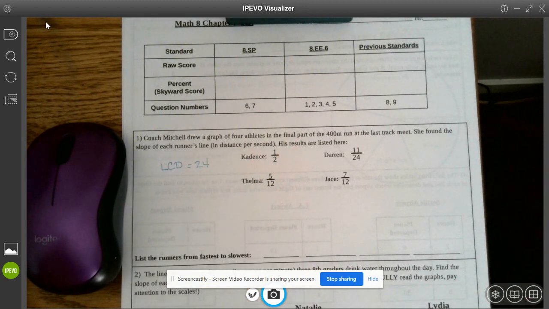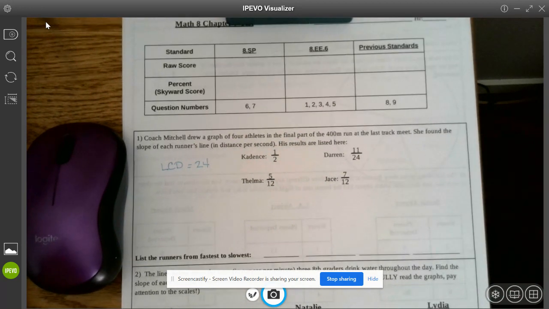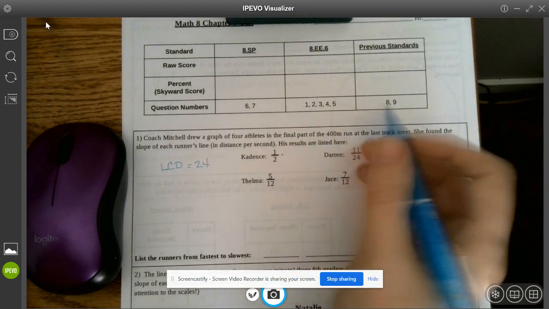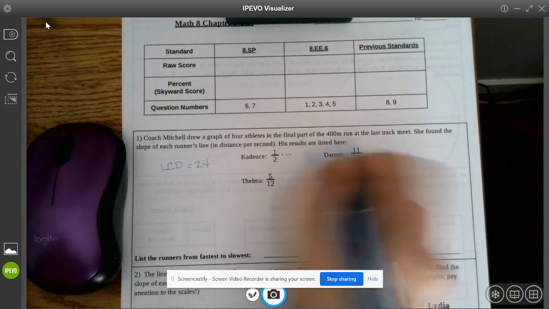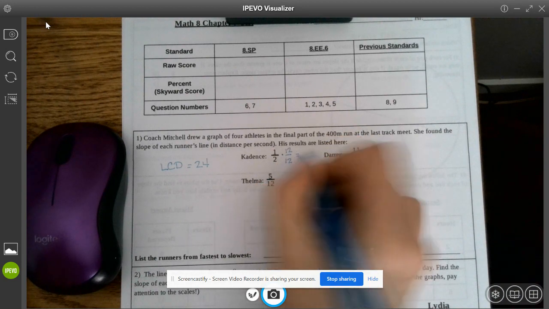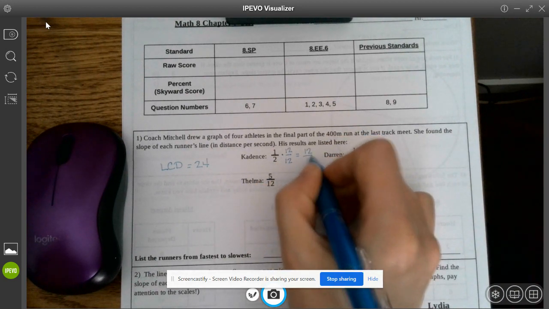So I'm going to use my strategy of using my giant 1 to help me create equivalent fractions or equivalent slopes to the ones I already have. So I'm going to multiply this by 12 over 12, and I get 12 over 24.